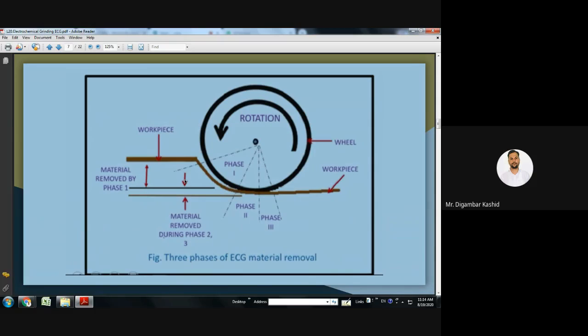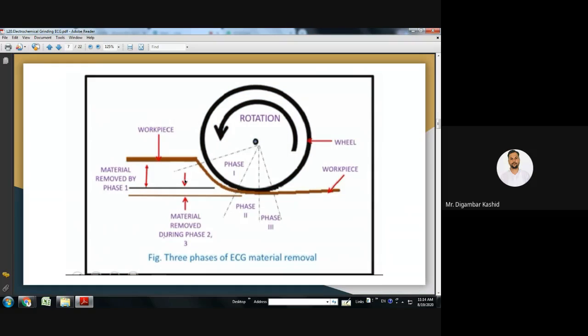That material removal will take place due to your anodic dissolution, that means the electrochemical dissolution, plus mechanical abrasion, because there is a physical touch of your abrasive to your workpiece. And then in the third phase, there will not be any physical touch of your abrasive to your workpiece, so there also material removal will take place due to only the electrochemical action.